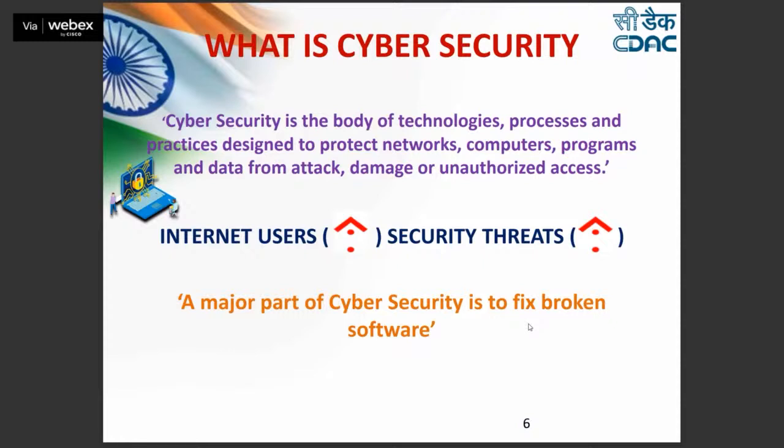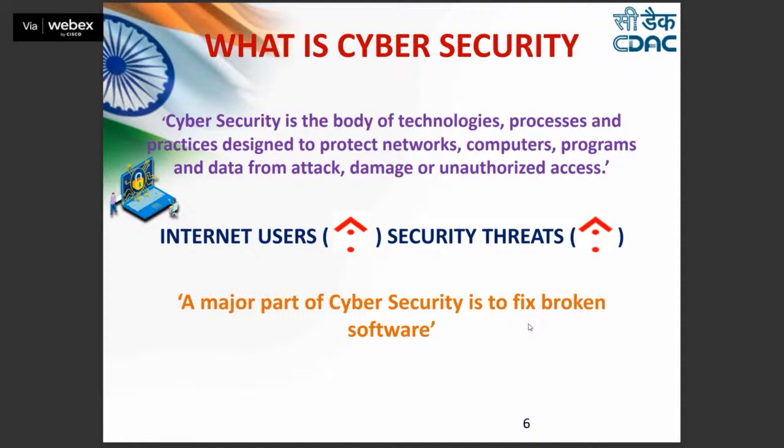So here in terms of cybersecurity, a major part of cybersecurity is to fix broken software. Now in the previous slide, we had studied that a major part of cyber crime is to exploit broken software, right? Now here the work of cybersecurity professionals is to search for these kinds of broken software and fix them.